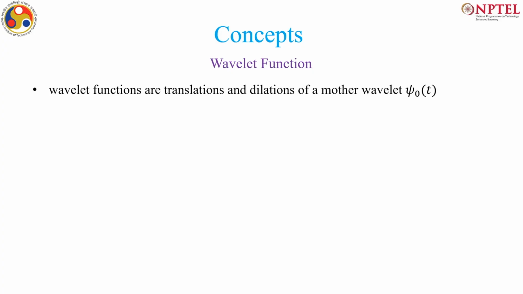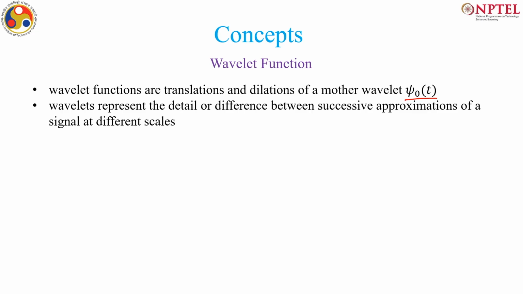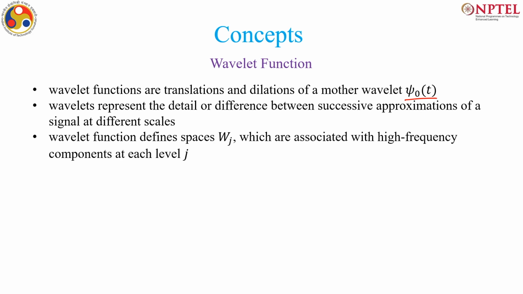Similarly, like our phi, we can also do translations and dilations of our mother wavelet, which is psi naught. And wavelets are basically difference or detailed approximations at different scales. So, this is denoting the high frequency content, whereas the scaling functions are denoting the low frequency components.